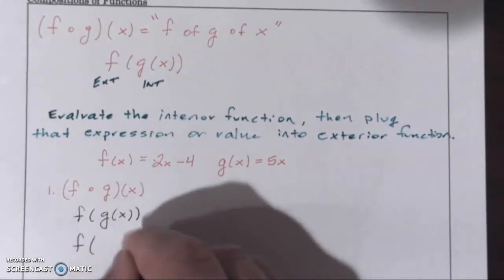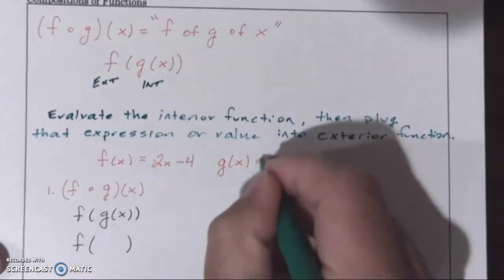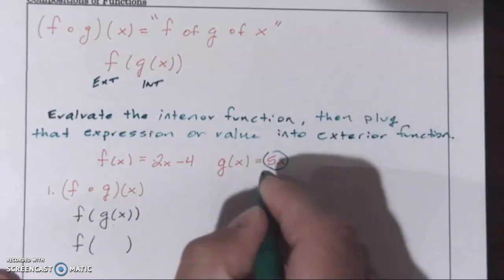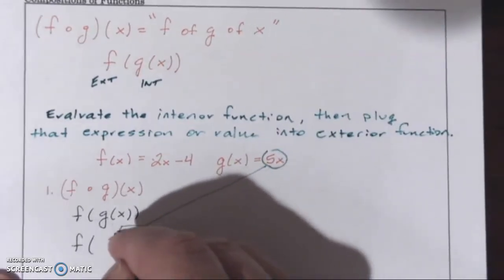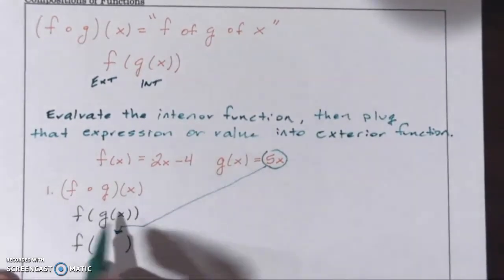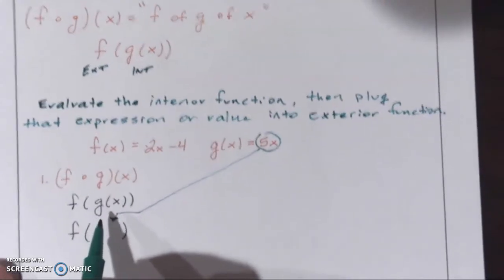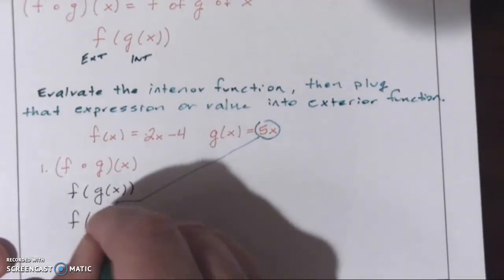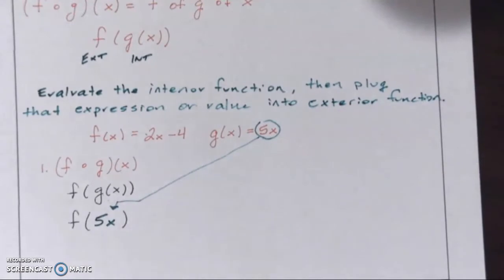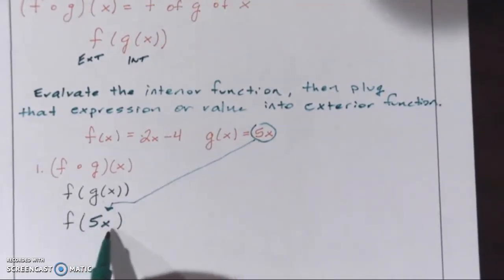Okay, so it's really a series of substitutions here. We're going to take that 5x and insert it where it says g of x in our problem. And then this notation, f of 5x, means plug in a 5x anywhere you see an x in the f function.